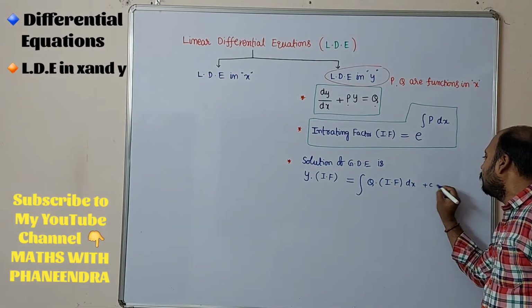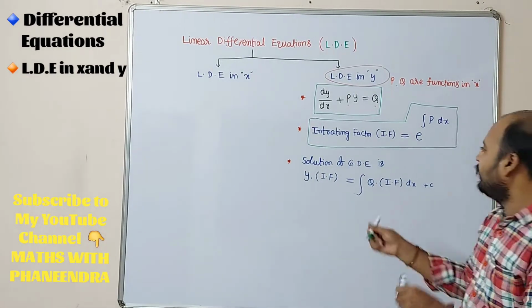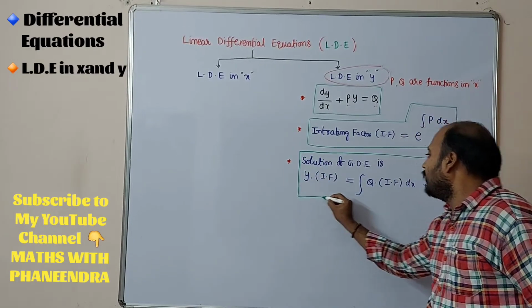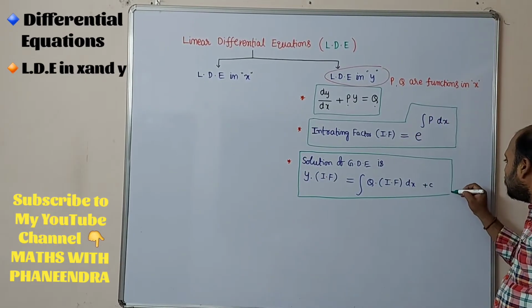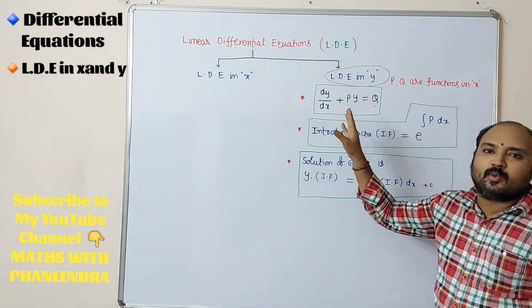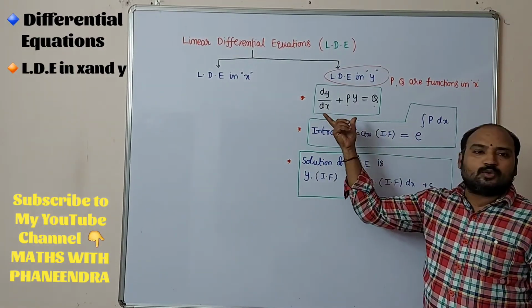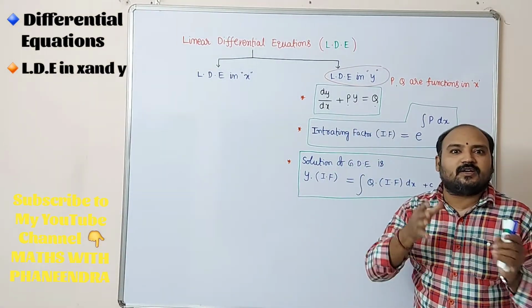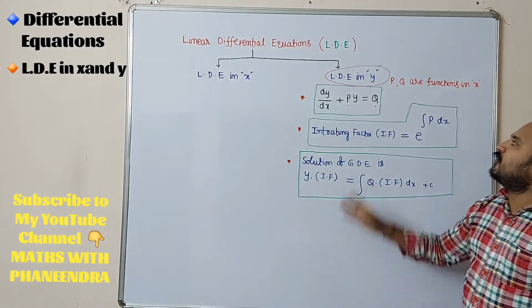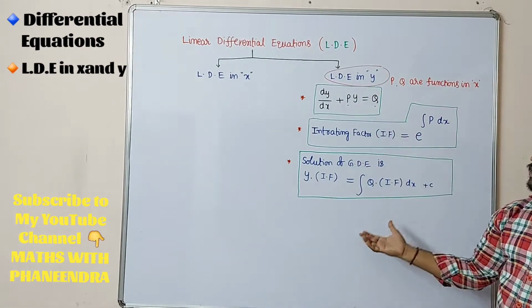This is called the general solution of the given differential equation. These are the very important steps to calculate the solution of linear differential equation in y. First, you have to decide whether the differential equation is linear in y or x. If it is linear in y, this is the procedure you can follow.